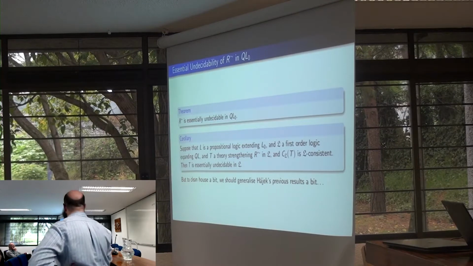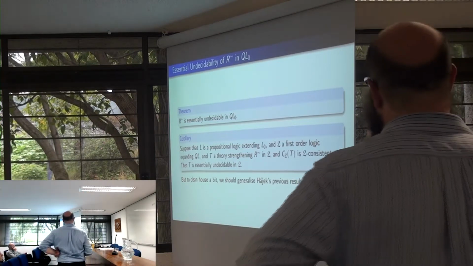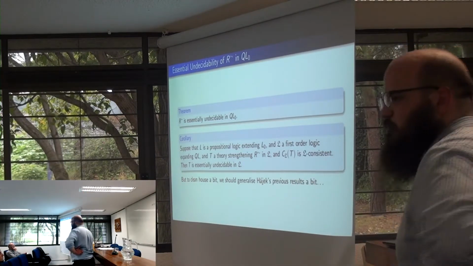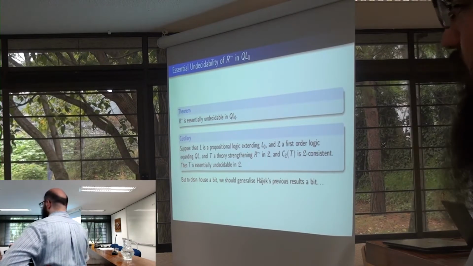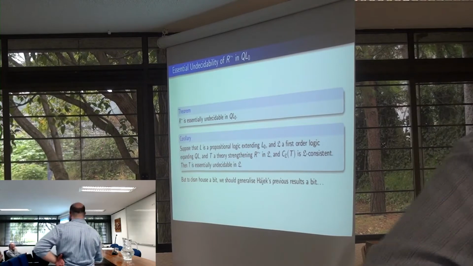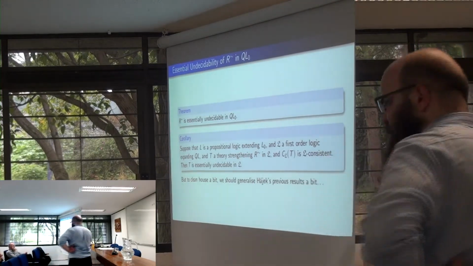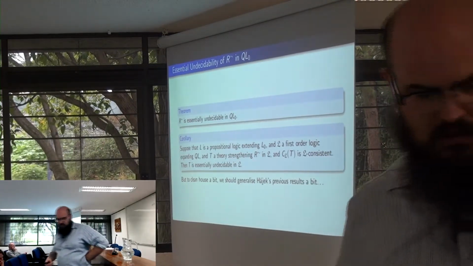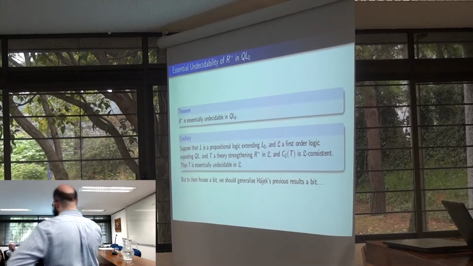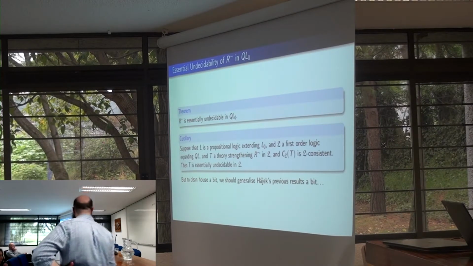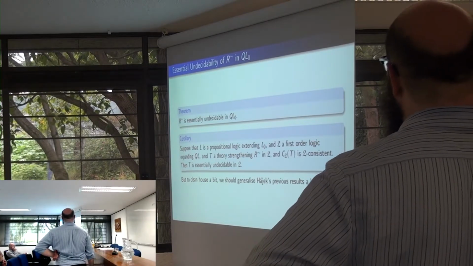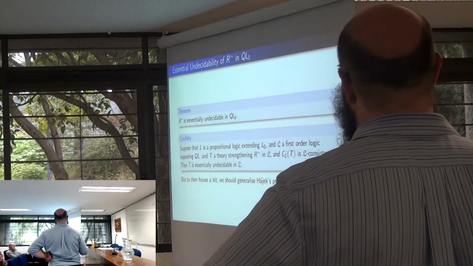Okay. Well, I'll say a little bit more, but what's left is basically just cleaning house and showing that we do actually generalize Hayek's result. Hayek wasn't working in R sim, and it's maybe not immediately obvious that the system that he proved to be essentially undecidable actually interprets our system, and hence we just need to do a little bit of work to show that that's the case.